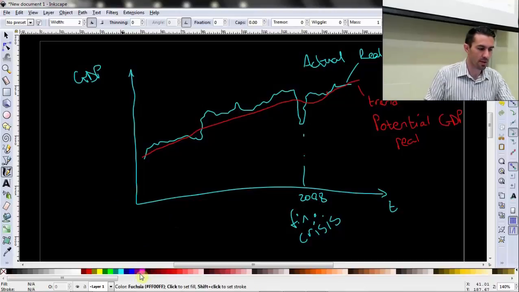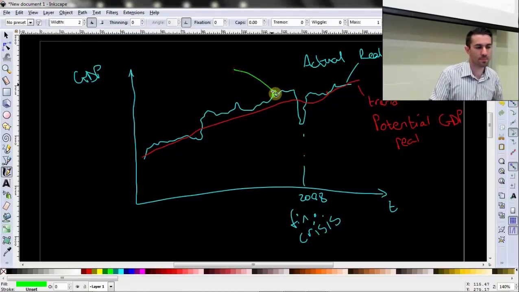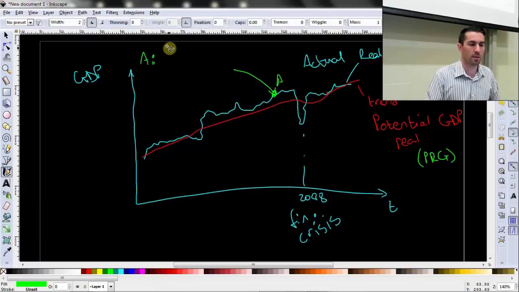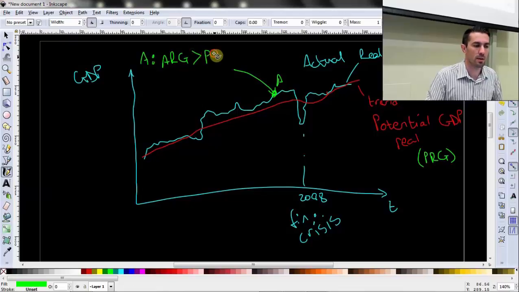If we take a point like this point over here, at this point our actual real GDP, I'm just going to call this actual real GDP, ARG, and this one is going to be potential real GDP. At a point like this, let's call it point A, actual real GDP is greater than potential real GDP.